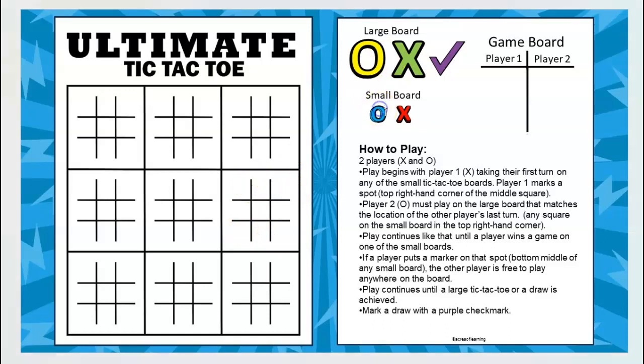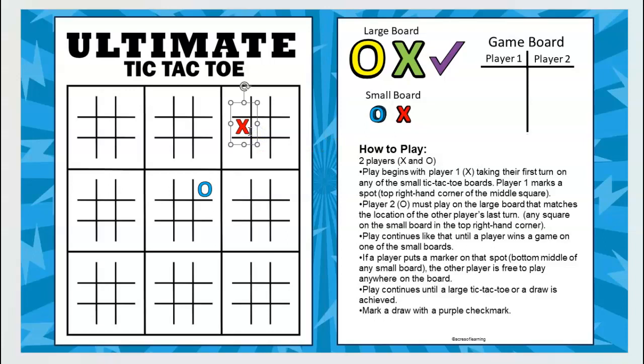So let's say I start, and the first player can play anywhere on the board. If the O plays in the top right hand corner on this small board, then the X has to play in the top right hand corner of the large board and then play anywhere on this part.